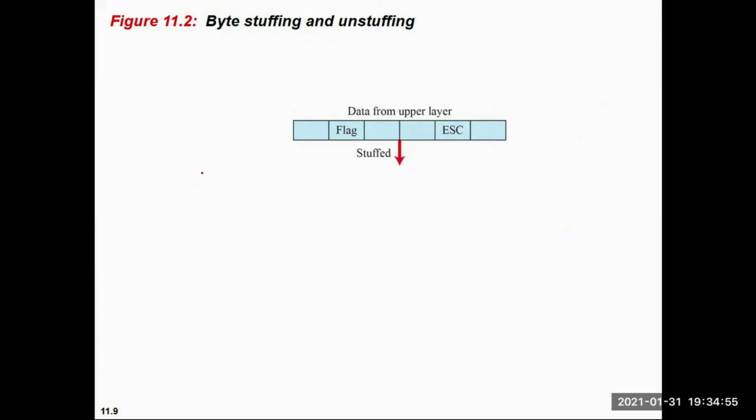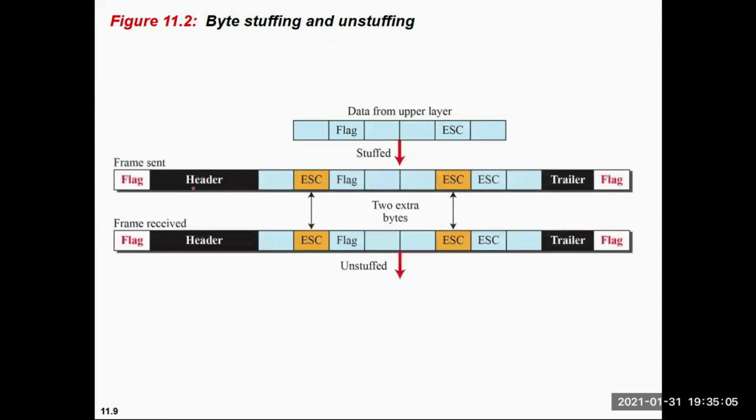So we are doing stuffing and unstuffing whenever we are framing in the data link layer. Stuffing is whenever you have a bit sequence in the data which is similar to the flag, you need to stuff an escape byte before that flag.